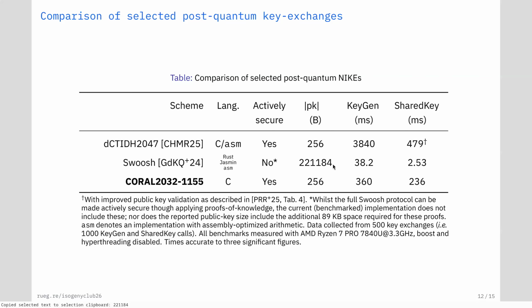So I would argue on average... No, I'm not. Okay, I wouldn't argue that on average means that Coral is faster. But a fun anecdote, perhaps, is that just transmitting a public key of this size over the internet will also take quite some time.